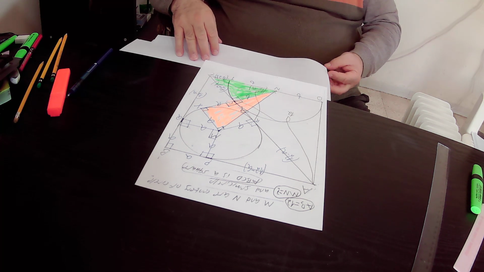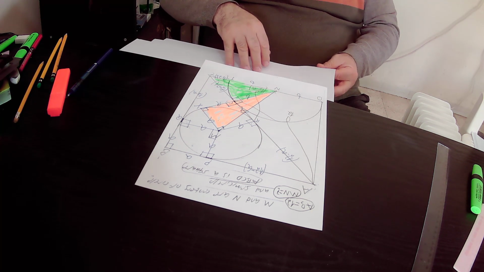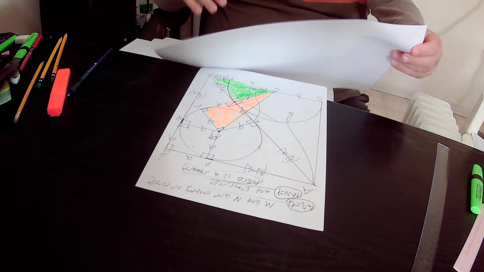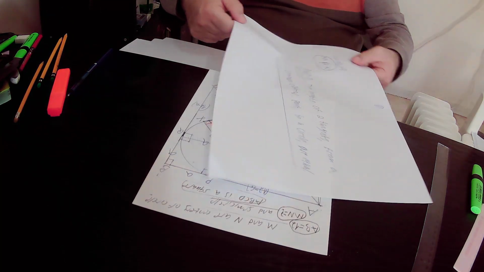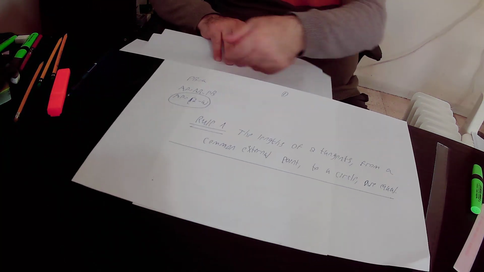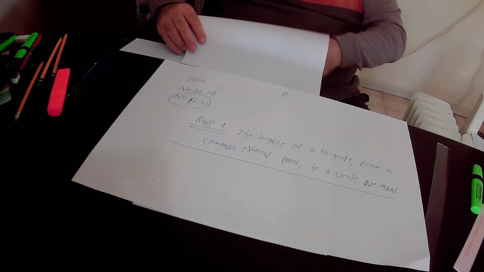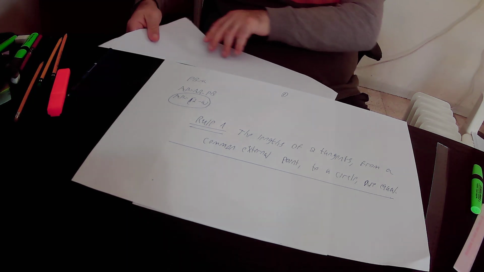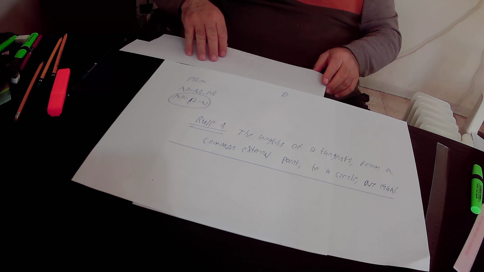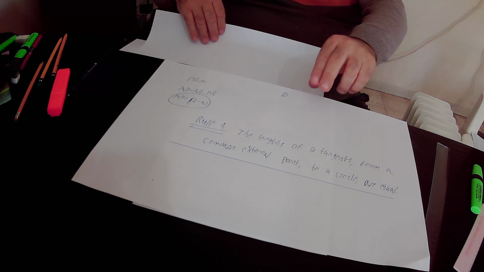Then I presented to you a new rule, number 1. According to rule number 1, the lengths of two tangents from a common external point to a circle are equal. What is the meaning of rule number 1?